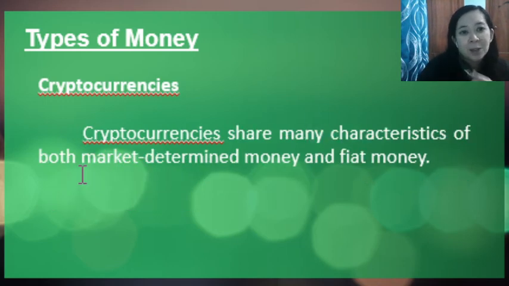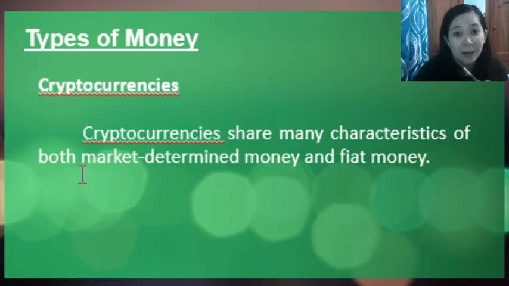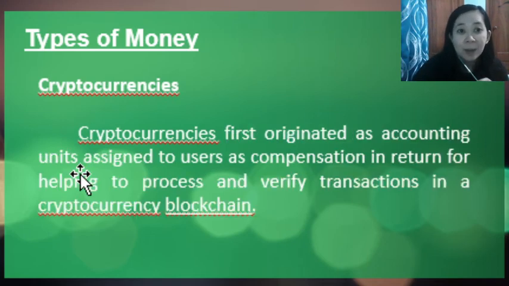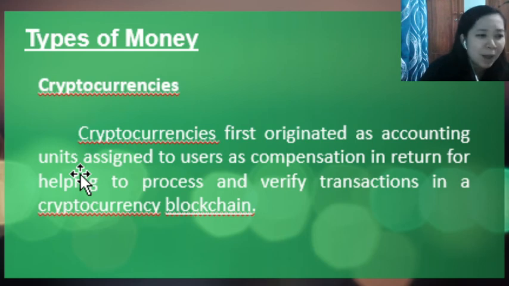Cryptocurrencies share many characteristics of both market money and fiat money. In what way? First, it originated as accounting units assigned to users as compensation in return for helping to process and verify transactions in a cryptocurrency blockchain. What do we mean by a blockchain?